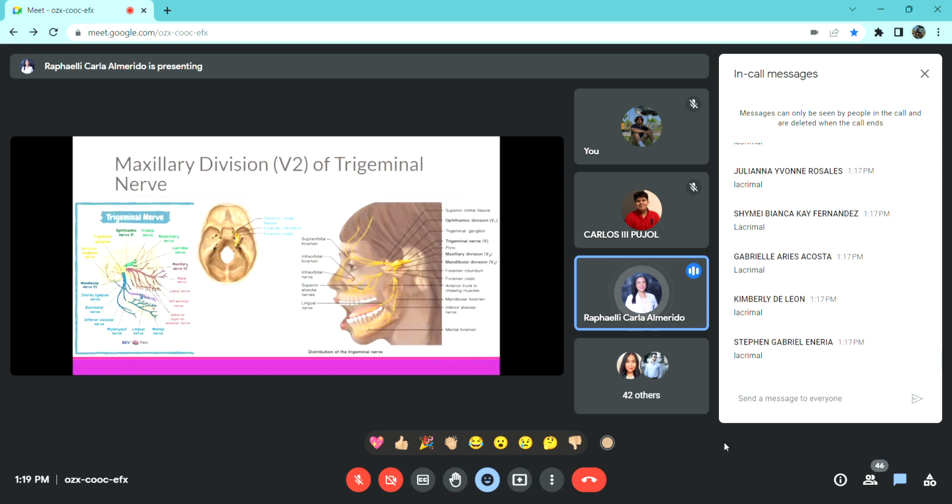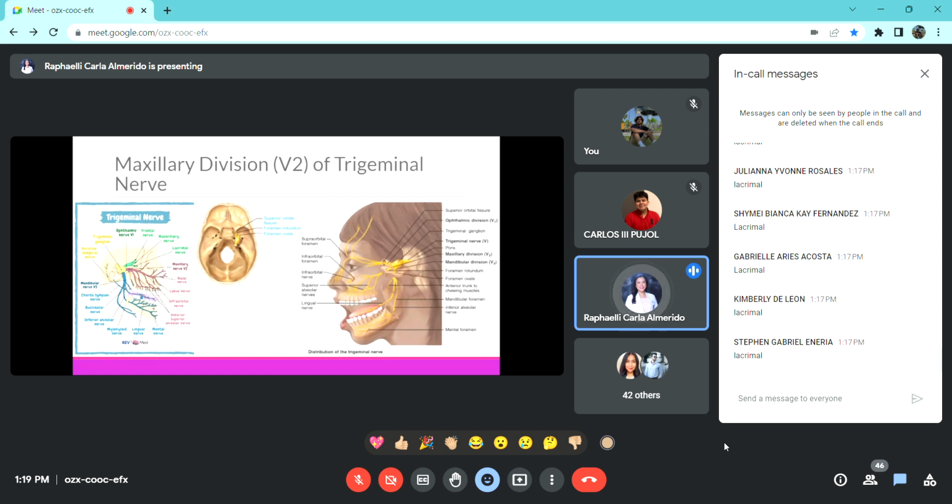Okay, so let's now go to the second main branch, which is your maxillary division. So this is the purple branch on your screen. Okay, so this branch is also considered sensory in function.